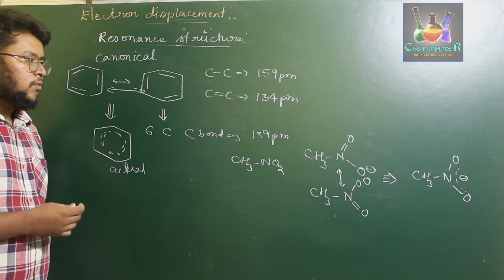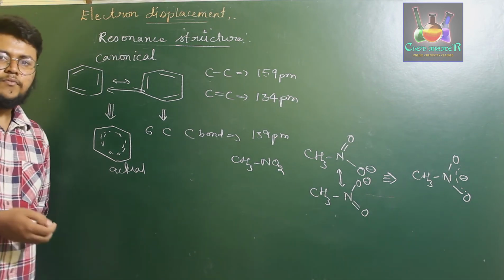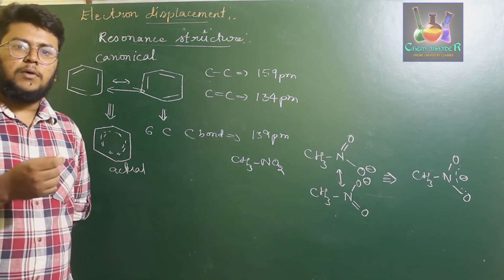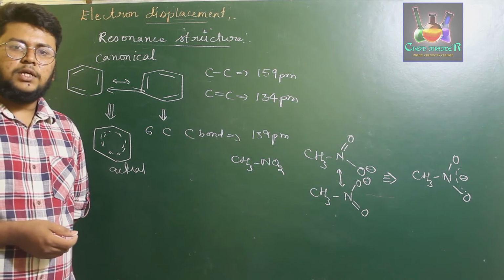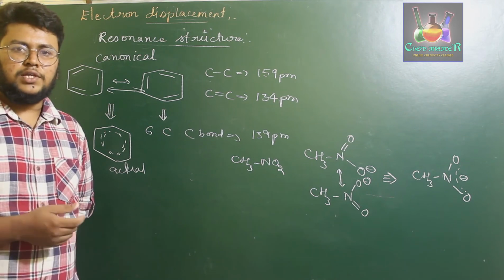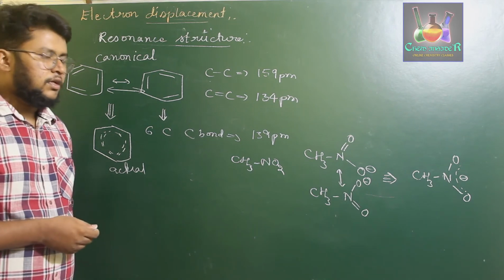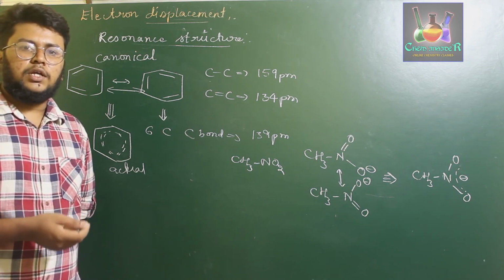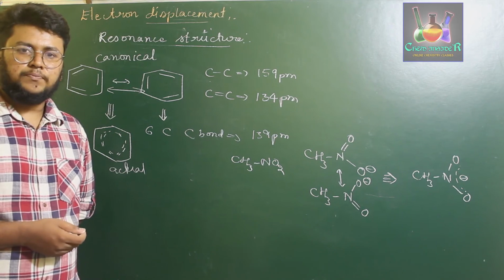Okay, so what is a resonance structure? The resonance structures are the hybrid structure of a molecule which can be represented in two or more different ways. And further, the energy of the resonance structures will be greater than the energy of the actual structure.